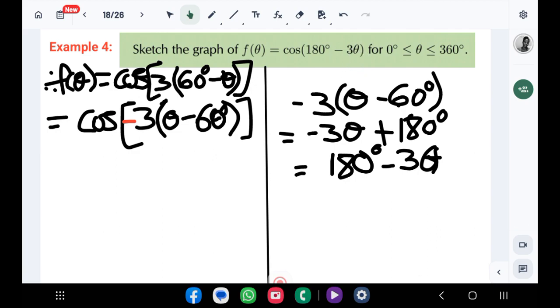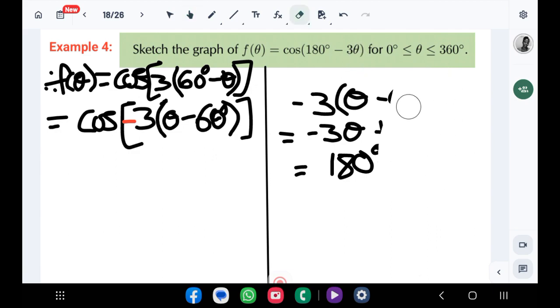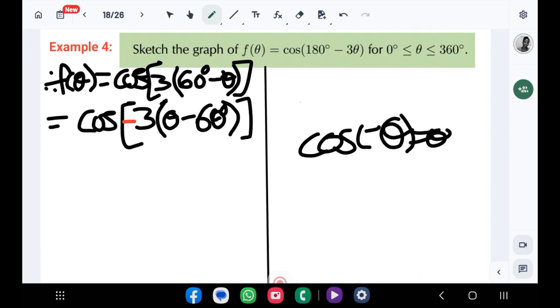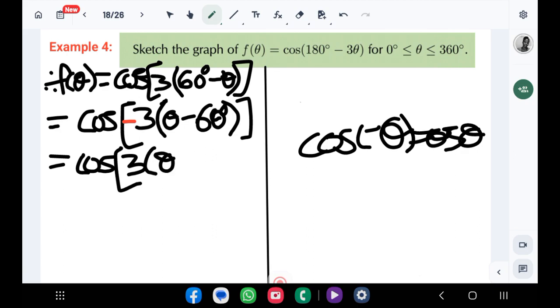That's how the minus helps. If you want to change the order of things around, you just put a minus in front of everything. But remember that cos of negative theta equals cos of theta. So this one is also cos of 3 times theta minus 60.